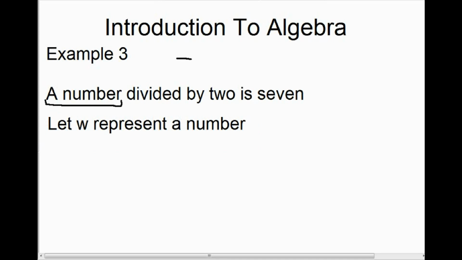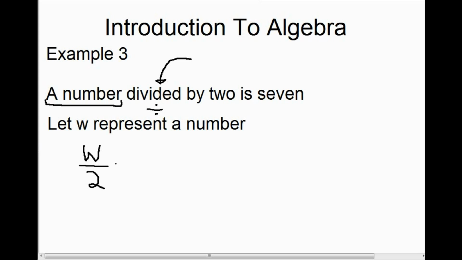Well, now that we've translated that part, we can go about translating the rest. Now, here we have divided. Usually for divided, we use this symbol. We don't use that symbol usually when we're dealing with algebra, though. The reasons for that will become more clear when we start to solve equations. Another way to write division, though, is as a fraction. And so when we want to divide a number divided by 2 as a fraction, that's a number over 2.